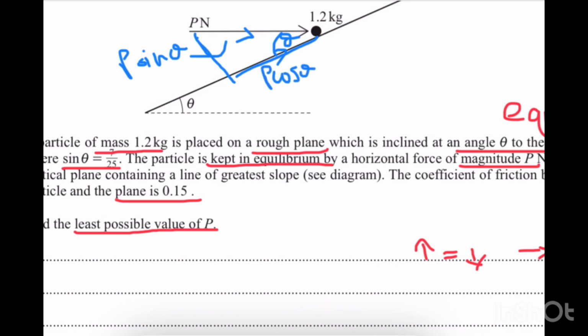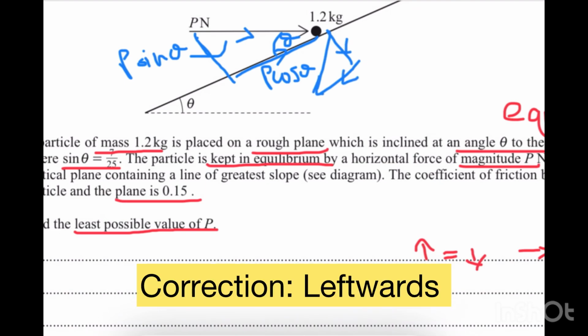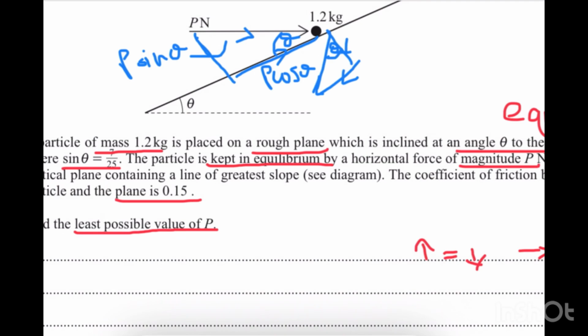This particle's weight also has two components, downwards and rightwards. This will also have an angle of theta, and this will become 1.2 times 10 in order to get the weight, which will become 12 cos theta, and the force acting downward will be 12 sine theta.